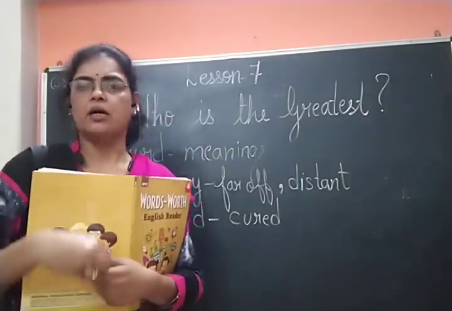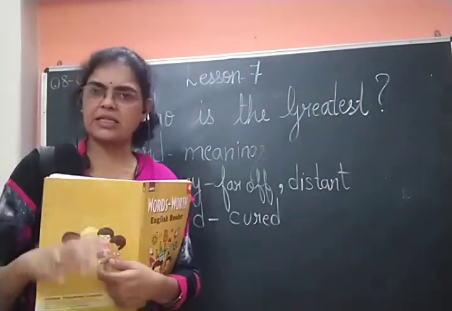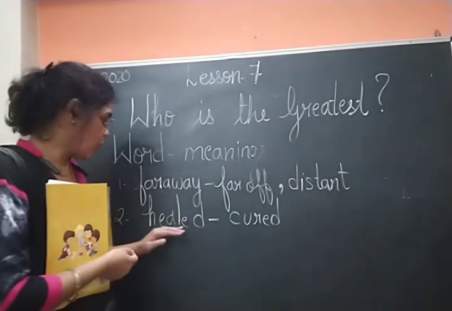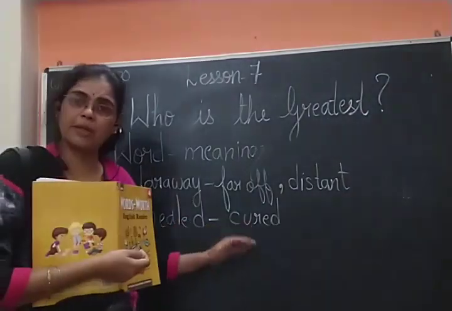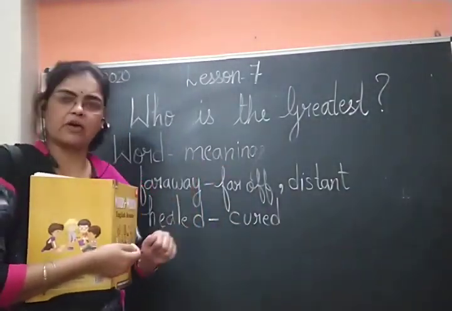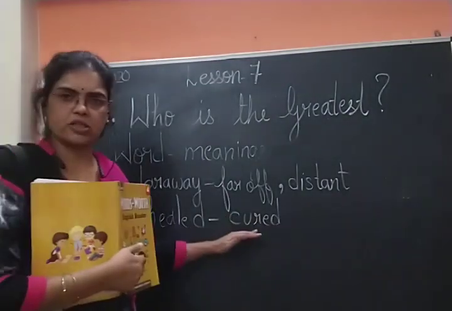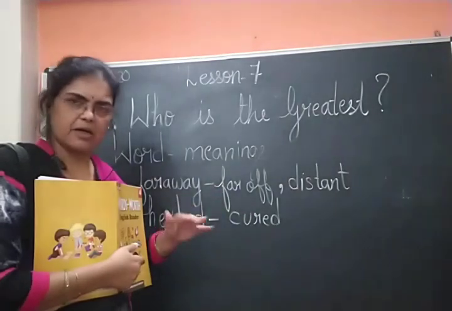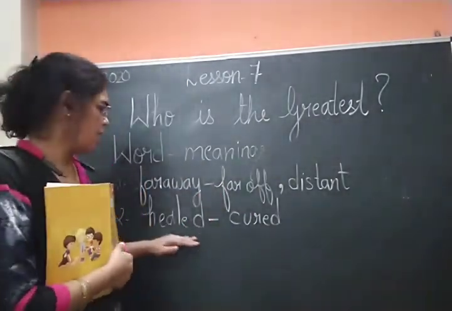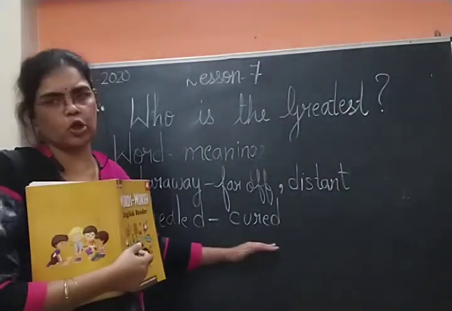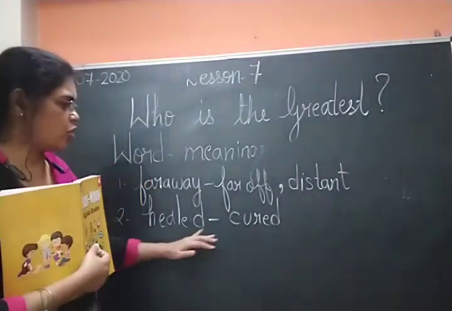But after applying the medicines and eating the tablets, we are cured. तो healed होना, cure हो जाना मतलब ठीक हो जाना, recover कर जाना. So healed means cured, completely recover, ठीक हो जाना.